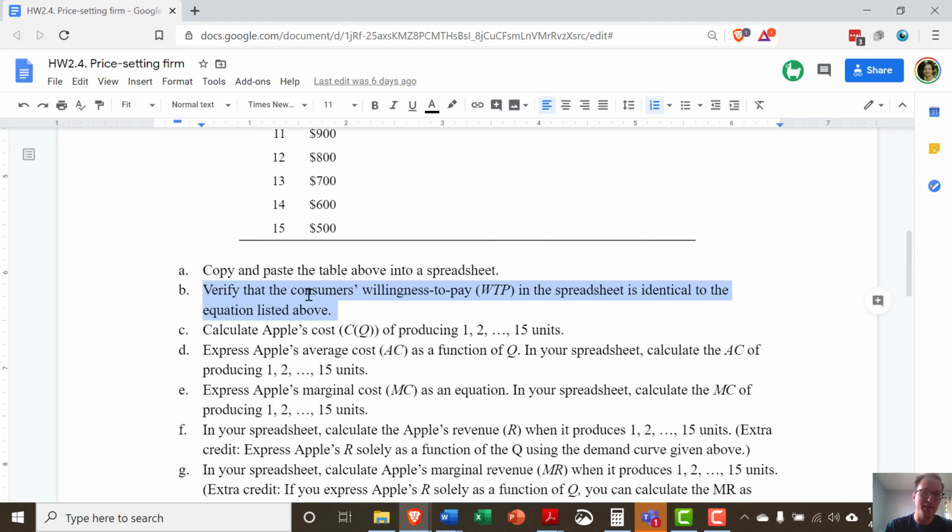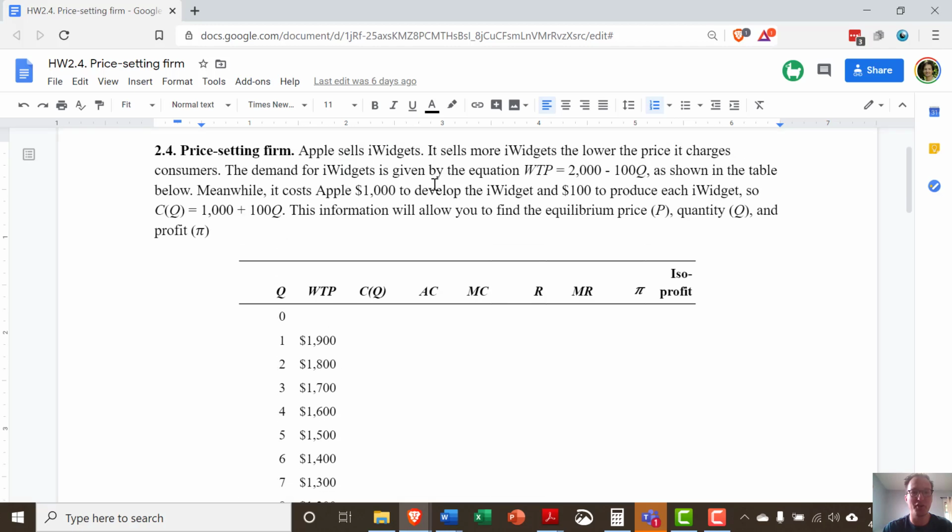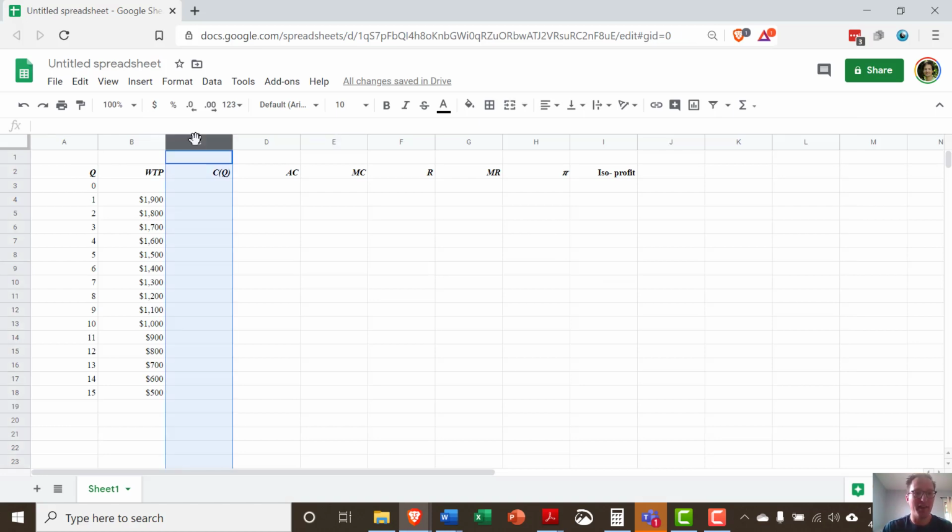The next question, B, asks you to verify the consumer's willingness to pay in the spreadsheet is identical to the equation listed above. The equation, we were told, is the willingness to pay equals 2000 minus 100Q. So I'm going to do that by simply adding an additional column, and I'll call it willingness to pay check.